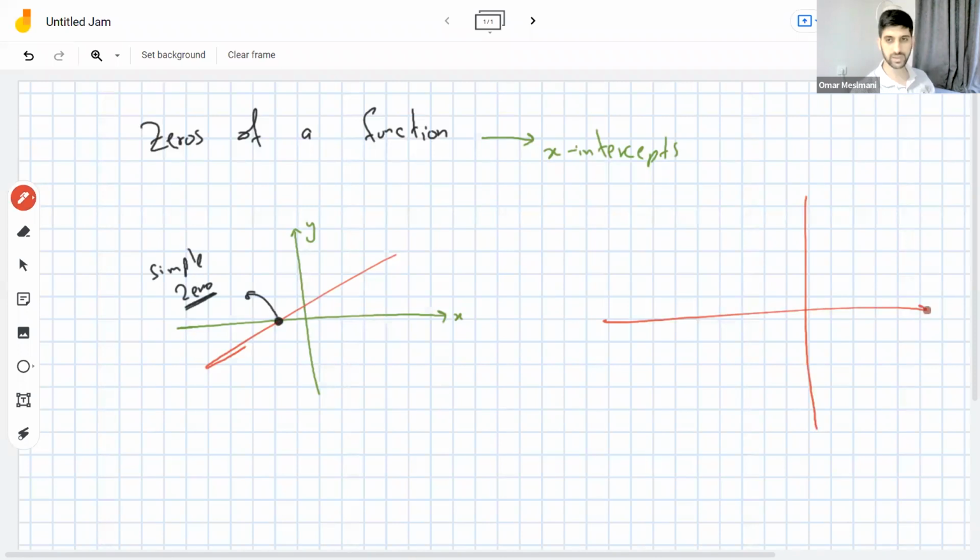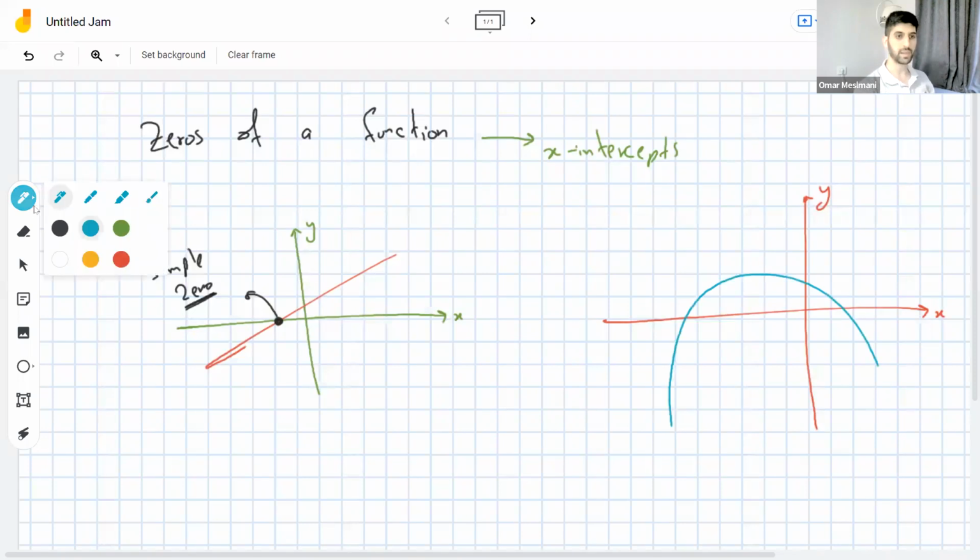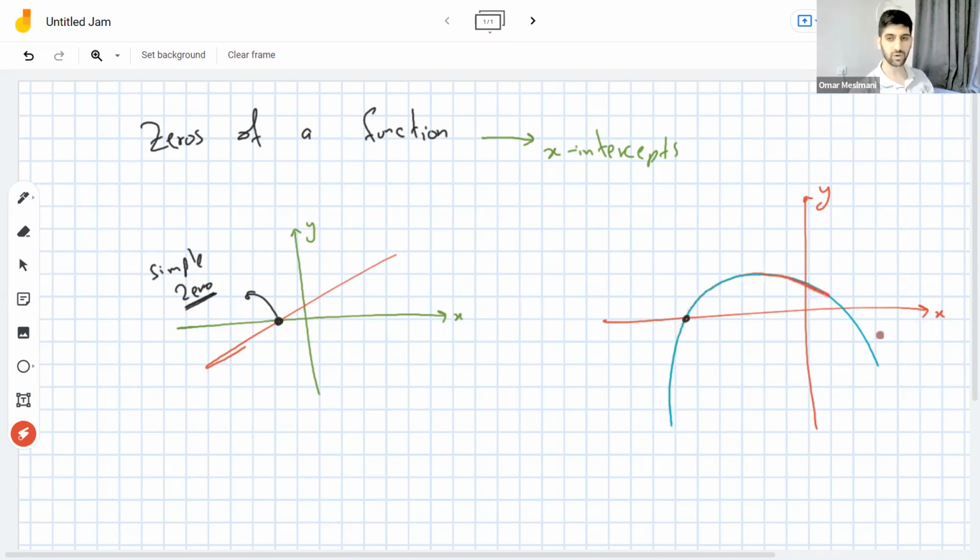All right, so x and y. Another example about the simple zero, maybe you have this. As you can see, your graph goes from down to up until the x-axis, crosses the x-axis, and then goes back and crosses again.